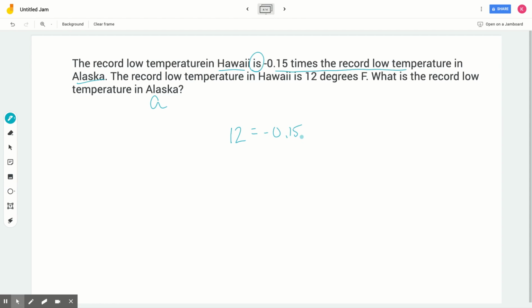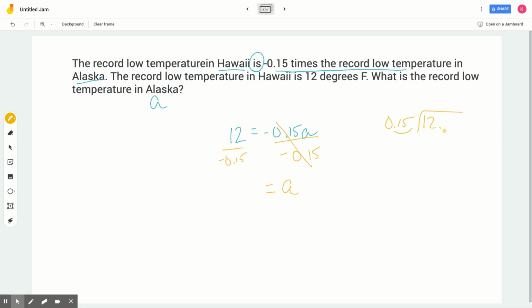So negative 0.15 times A, or negative 0.15A. Now, since these are being multiplied, remember that we have to use that inverse operation, which is to divide. Dividing by the same number here will cancel, so we're left with A because a negative times a negative is a positive.